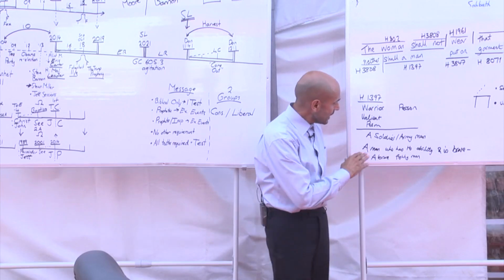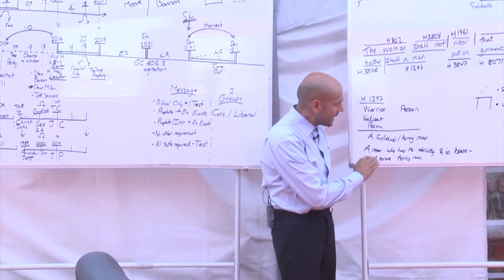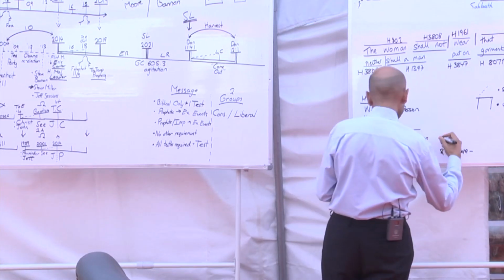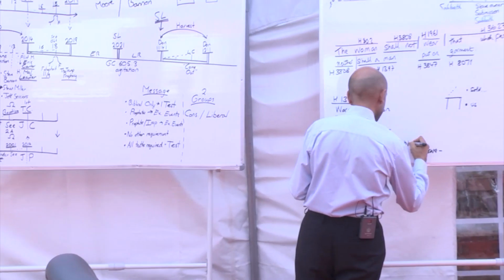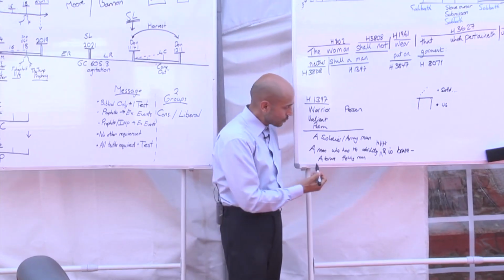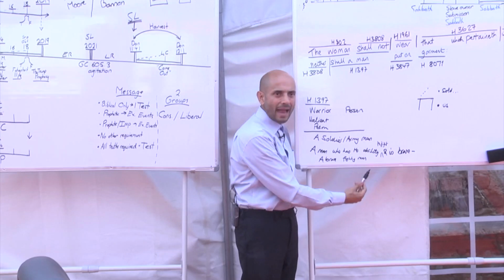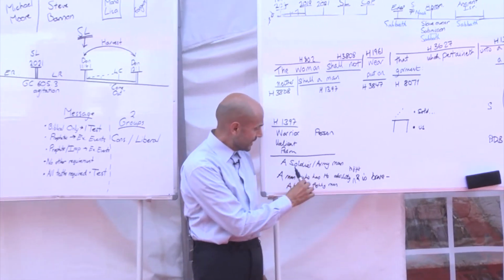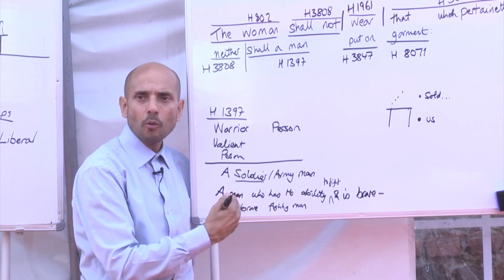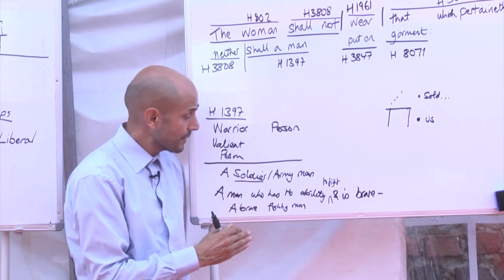So I like this one. A man who has the ability, I didn't put it here, to fight and is brave. I like this one. A brave fighting man. This one, with a soldier, the implication is that there's an army, and there isn't an army there.